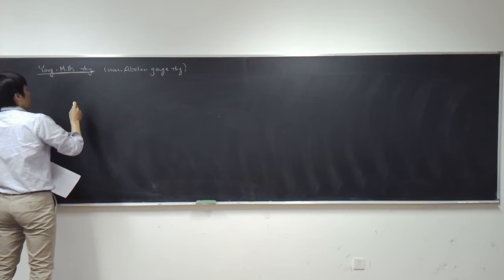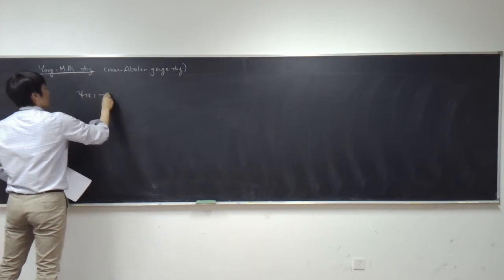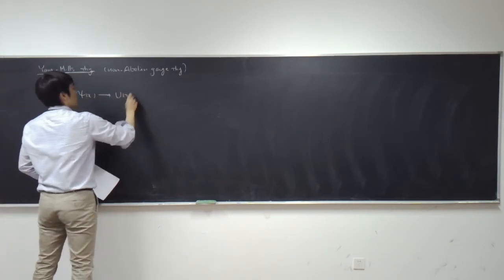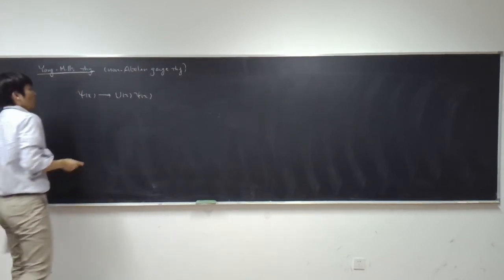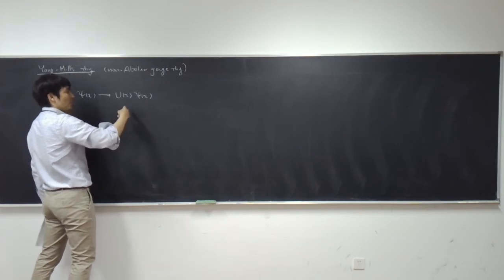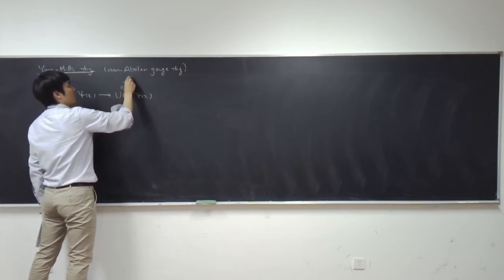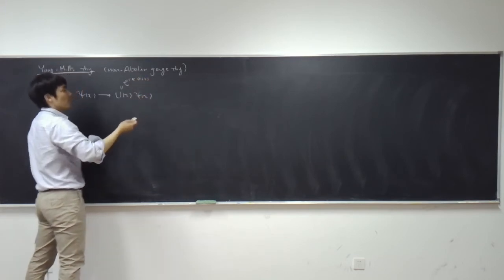Last time we considered the electron, the Dirac field, transforming under a gauge transformation like this, where U was the Abelian gauge transformation e^{i alpha(x)}, which is U(1).